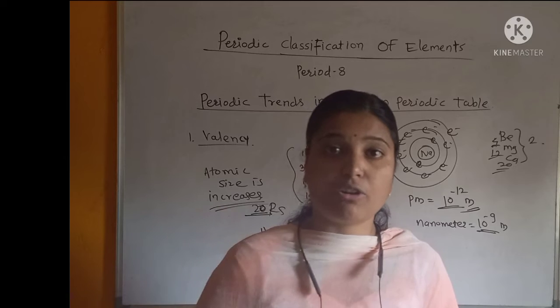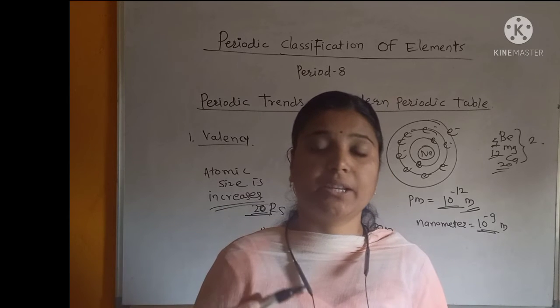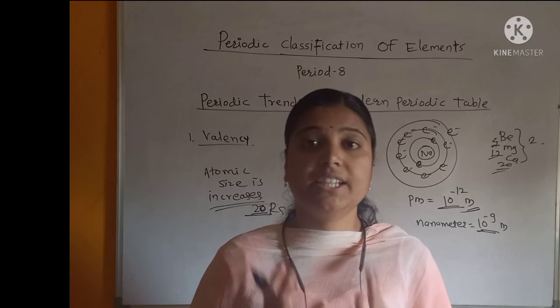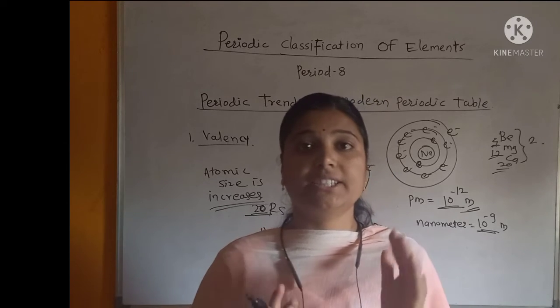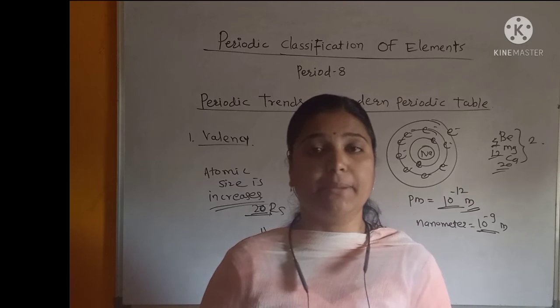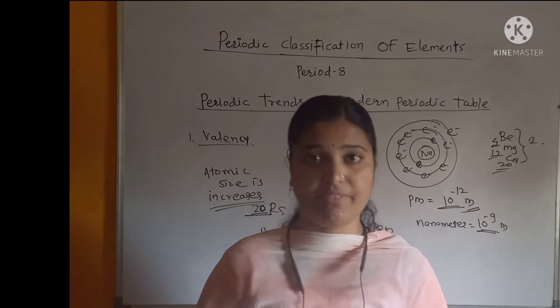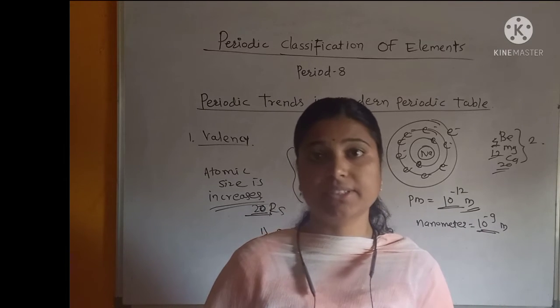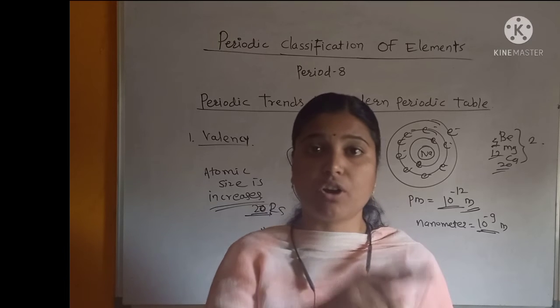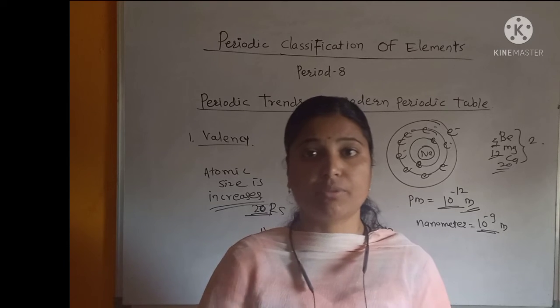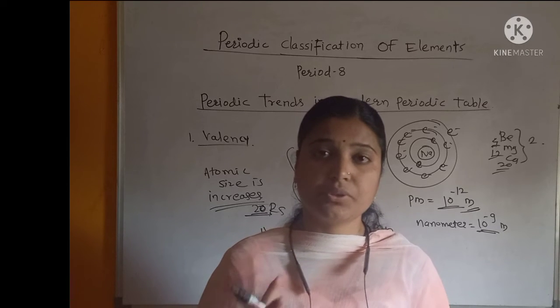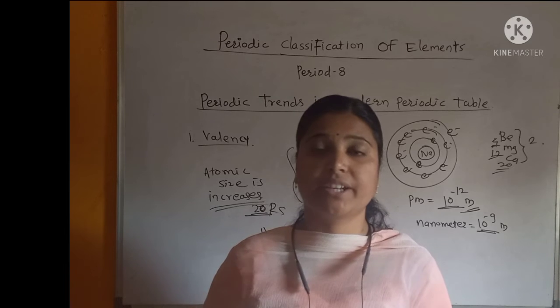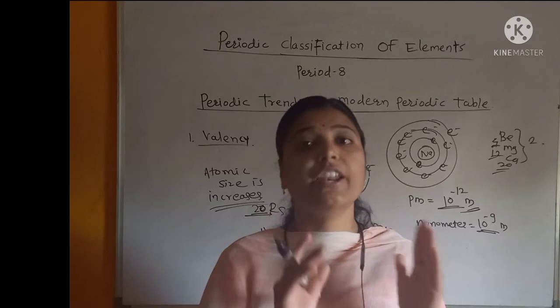It means the orbits around the atom increase, so the atomic size increases very fast along the group.